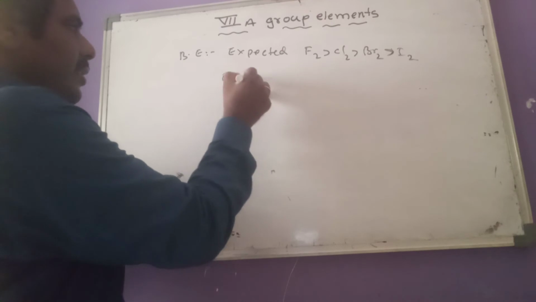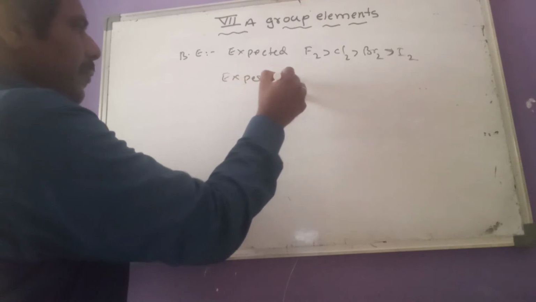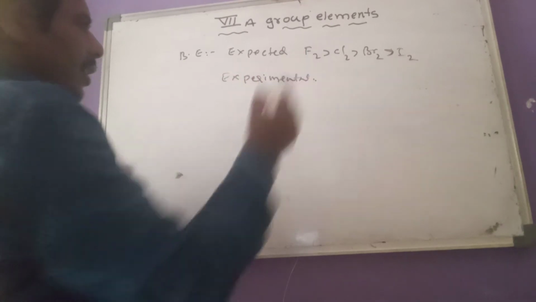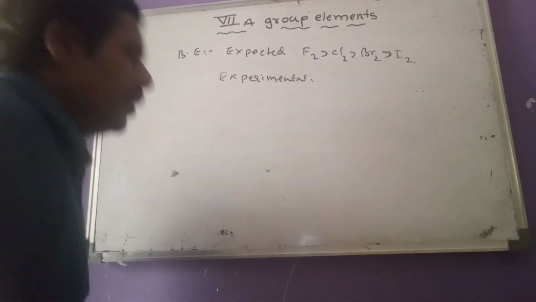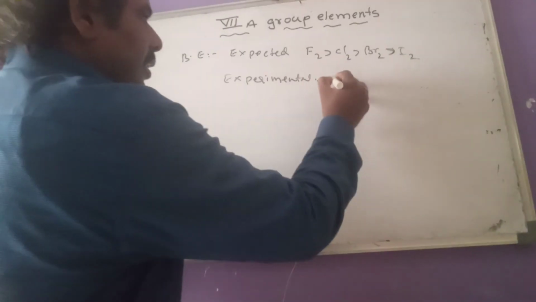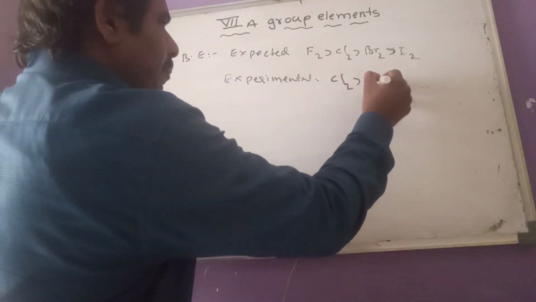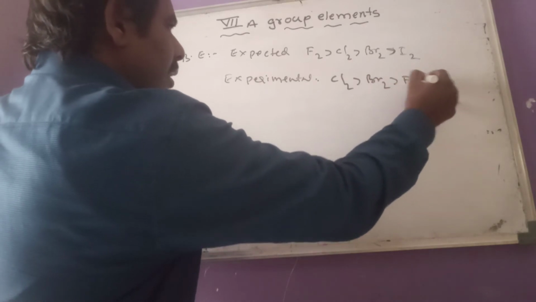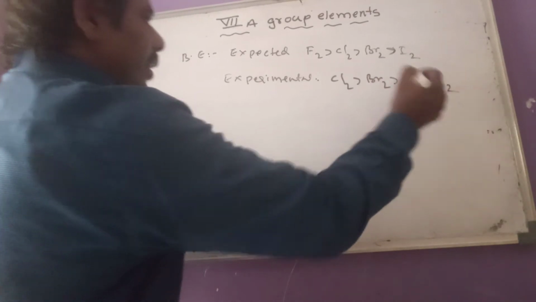But what is the experimental bond energy order? See here, what is that order? Cl2 greater than Br2 greater than F2 greater than I2.